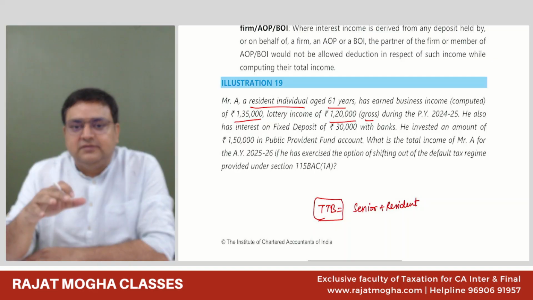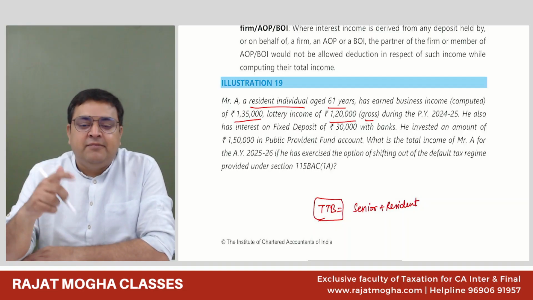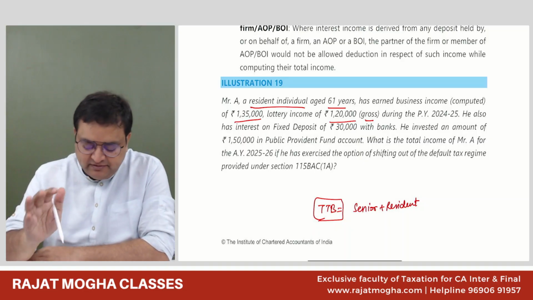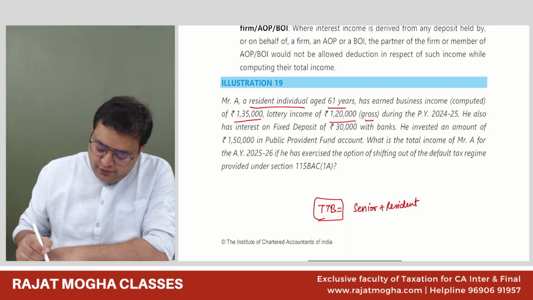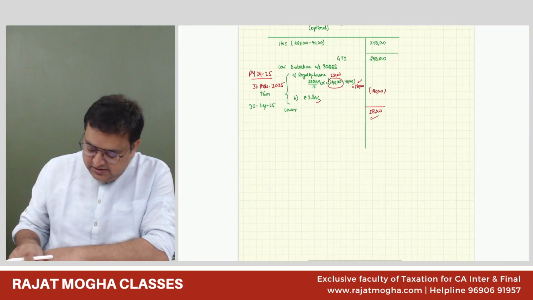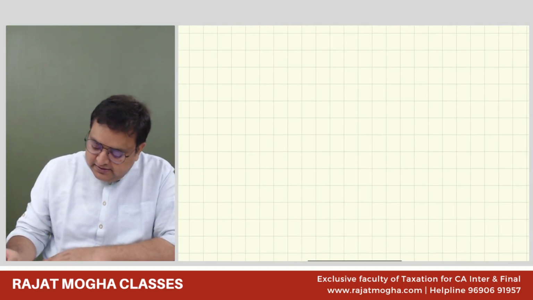Other interest will go in income from other sources, but PPF interest is exempt under section 10. Now let us quickly do this question. Not that difficult, but important. Illustration number 19.